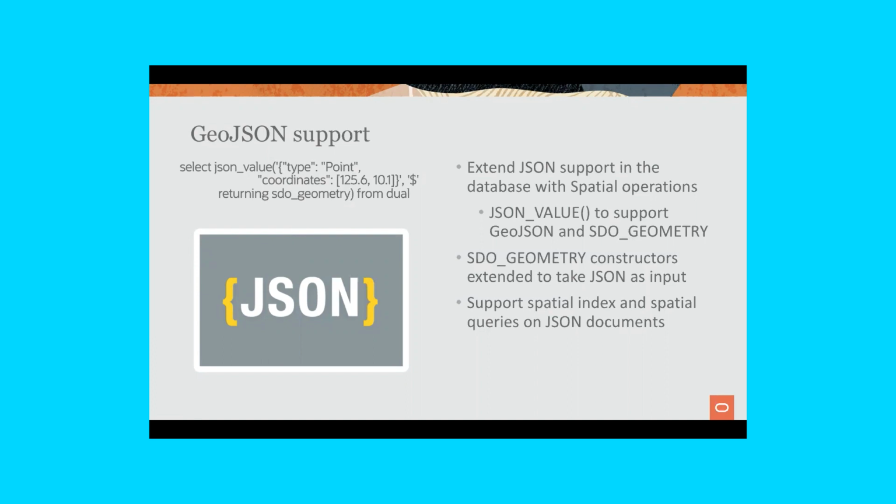So if you're primarily working with this type of JSON data, you can store the JSON data as it is in Oracle JSON. And then we have spatial analytics support on top of that storage as well. So you don't have to change the storage from JSON to SDO geometry. You can keep the data as JSON, but we enable all of the spatial functionality on top of that JSON storage.